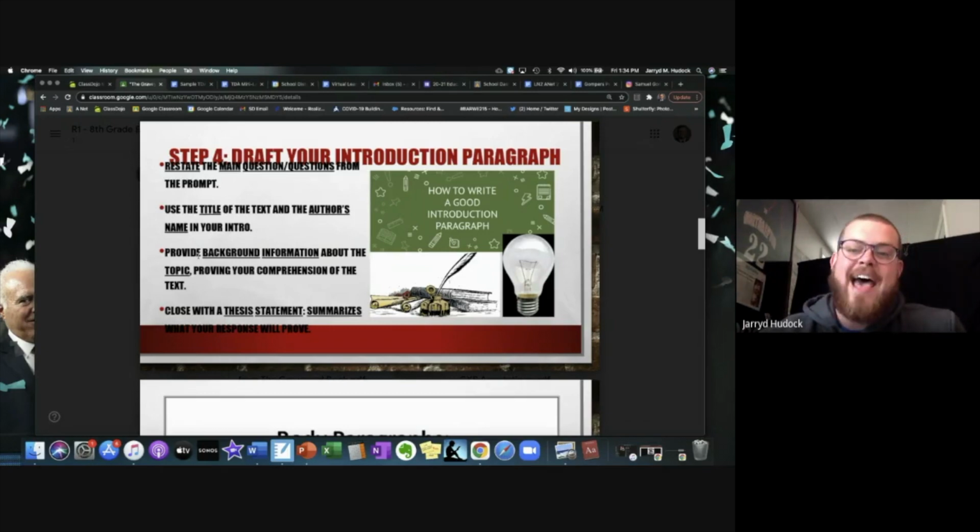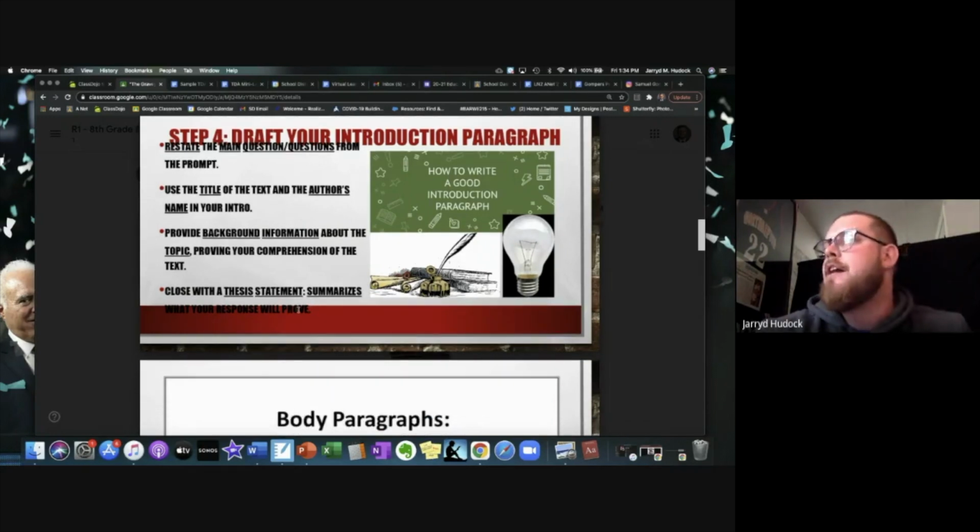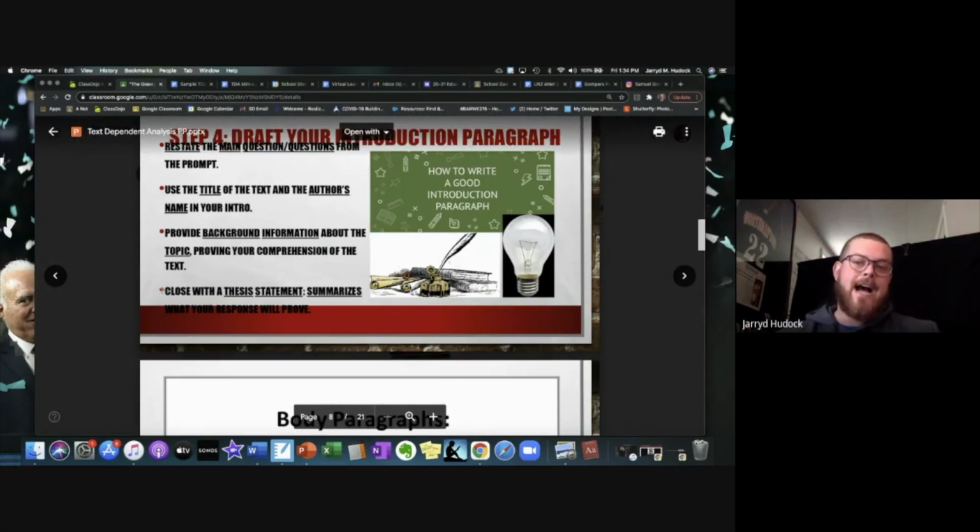So that's where that read 1 comes in handy, because they're taking the main ideas that we already did together from our annotations, and they're able to just incorporate those main ideas, the summary, right into their intro. And then the last thing we do, and I would love for this to be a conversation in earlier grades, is a thesis statement.